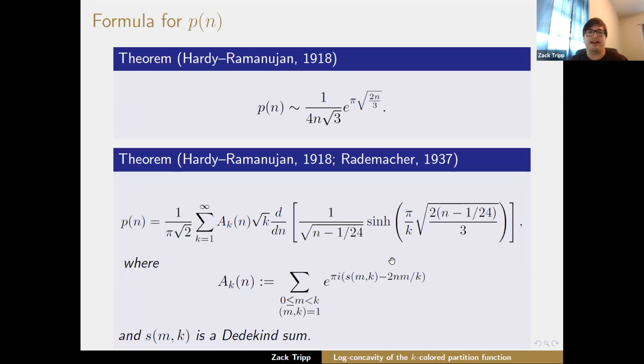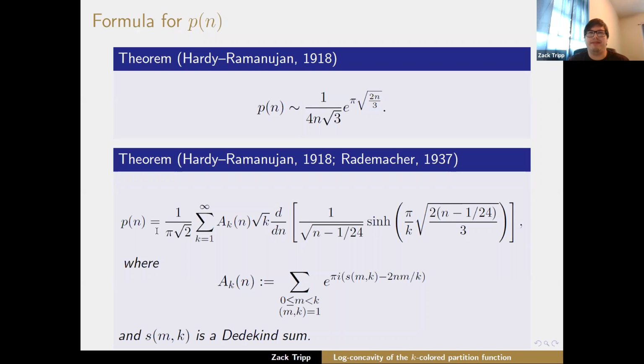But actually, I believe Hardy and Ramanujan used this formula to compute p of 200, or rather used their equivalent of this formula, and an explicit cutoff. And the nice thing is that if you have explicit error bounds, and you find that the error is less than a half, then since p of n is an integer, if you're within 1/2 of the integer, you know what that integer is.